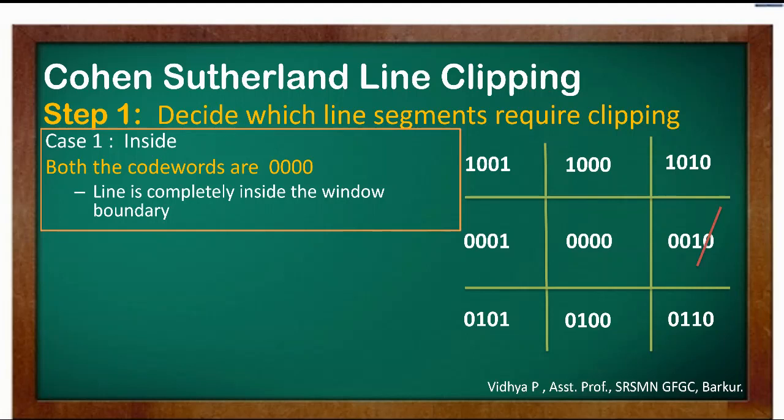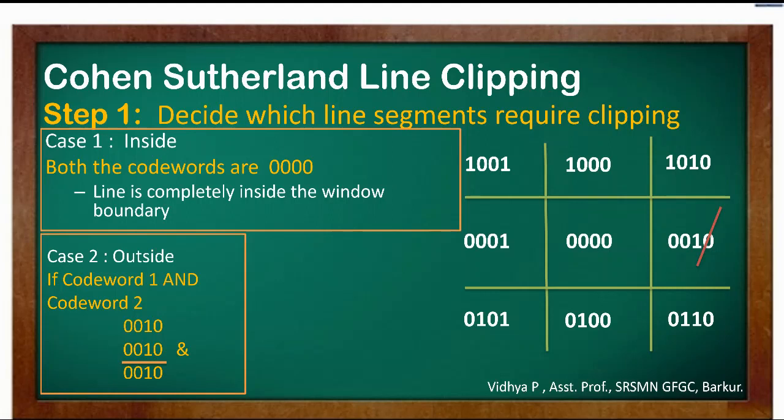To identify this, we perform a bitwise AND operation of both the code words. The bitwise AND operation results in 0010. That is, if we get a non-zero result, we say the line segment is completely outside.